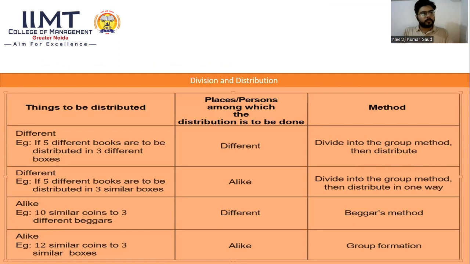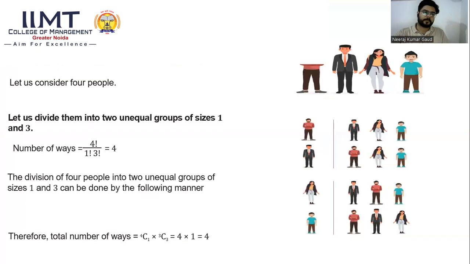Number 2, if 5 different books are to be distributed in 3 similar boxes, divide into groups by the group method, then distribute in one way. 10 similar coins to 3 different beggars, different beggar method, and 12 similar coins to 3 similar boxes, alike, group formation.